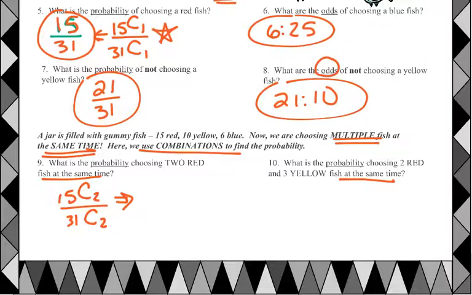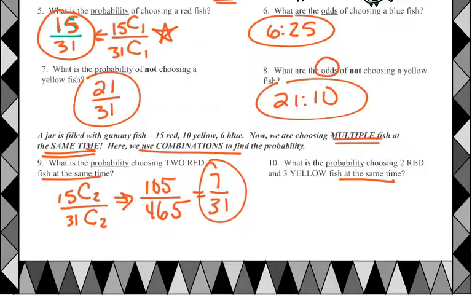So again, math prob, 15 nCr 2, so that's 105, over 31 nCr 2, and that's 465. And then I always would want to reduce that fraction, right? So if I reduce that fraction, I get 7 over 31.